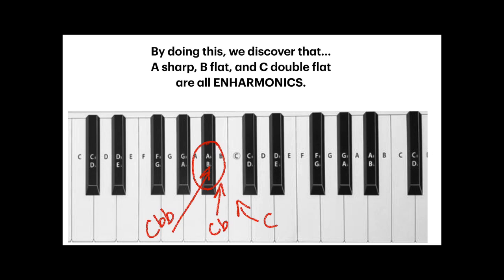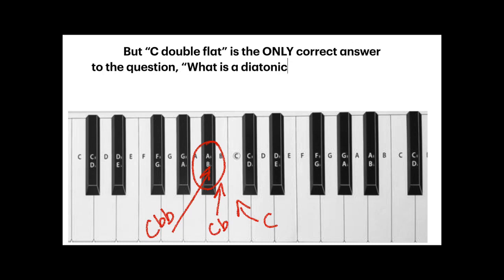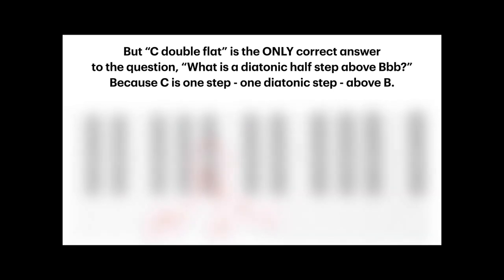They share the same key on the keyboard. They make the same sound, but they are spelled differently because they have different functions. But C double flat is the only correct answer to the question, what is a diatonic half step above B double flat? Because C is one step or one space, one diatonic step above B, the B line in our bass clef.